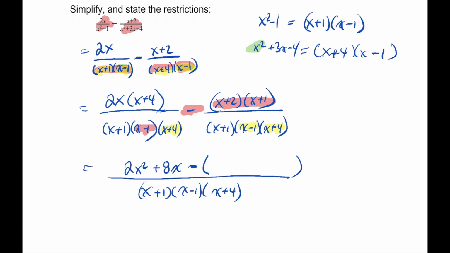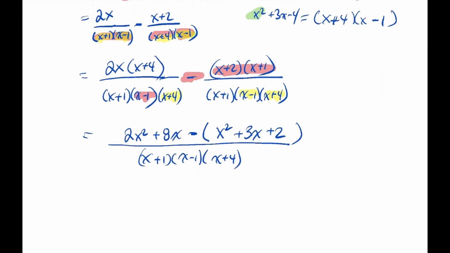So let's do this in our heads. x times x is x squared. x times 1 is x, plus 2x is going to give me a positive 3x. And then 2 times 1 is going to be positive 2. So we're subtracting that entire quantity. That's one of the big common mistakes I see when we do a subtraction: people not subtracting the entire quantity, but just subtracting the x squared.